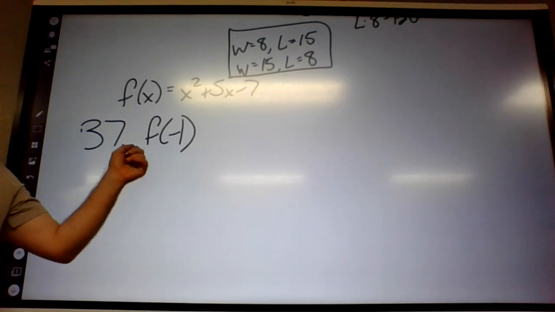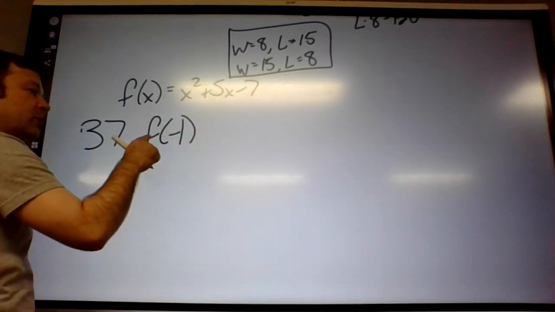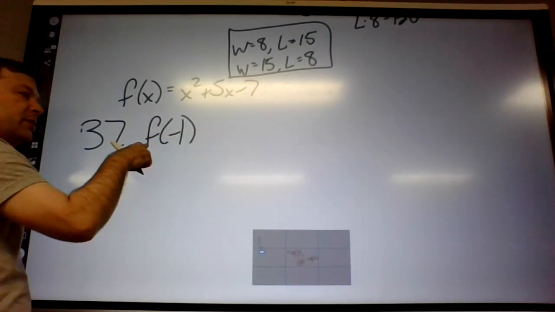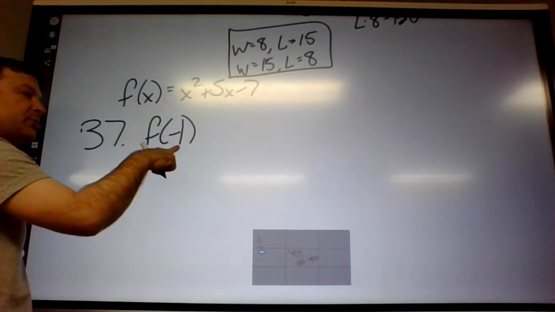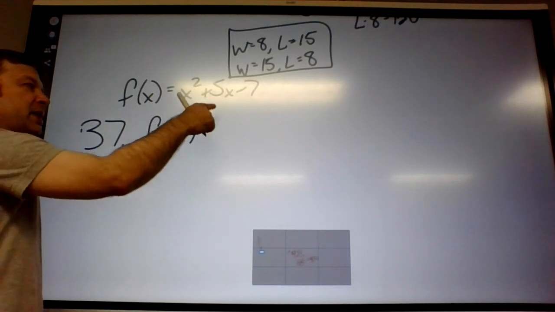So what's f of -1? Okay, now this just means what's the f function worth if we replace the x with -1. So all it means is plug in -1.